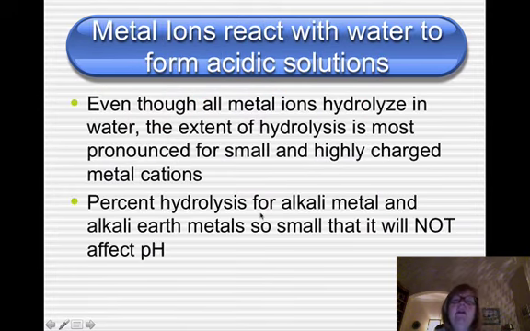All right, so just very quickly, usually metal ions do hydrolyze in water, and they will form acidic solutions, but alkali metals and alkaline earth metals, their hydrolysis is so small that they're not going to affect the pH.